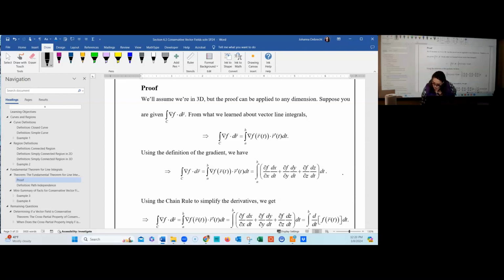Again, we're making use of the fact that this vector is the partial with respect to x, partial with respect to y, partial with respect to z. And this vector is equal to dx/dt, dy/dt, and dz/dt.